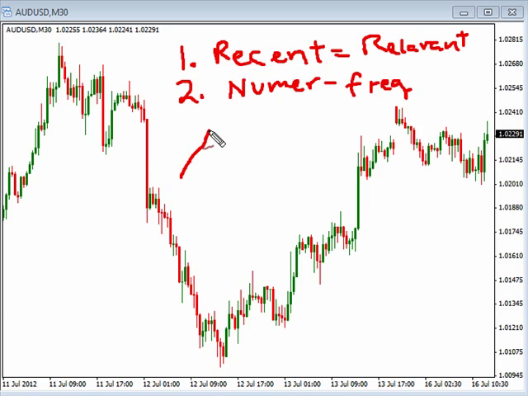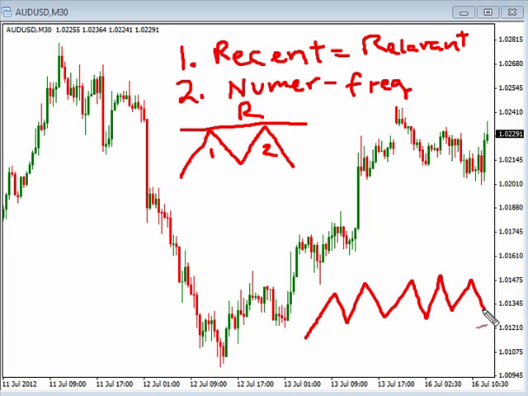So for example, if we are looking at something like this, where it's hit resistance 1, 2 times, that's going to be less significant than if we see something like this, where we have 1, 2, 3, 4, 5. So the more frequently an area acts as support or resistance, the more relevant that area is going to be.